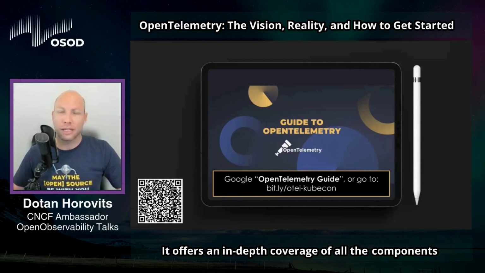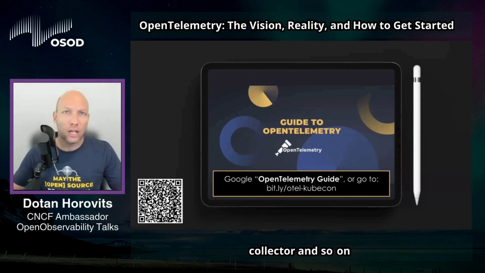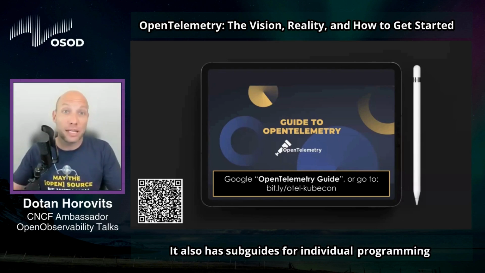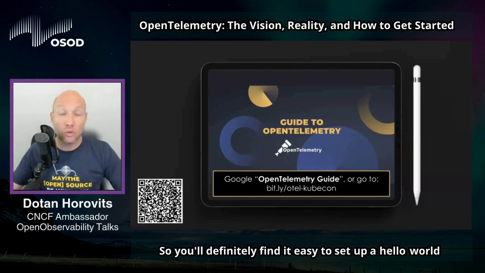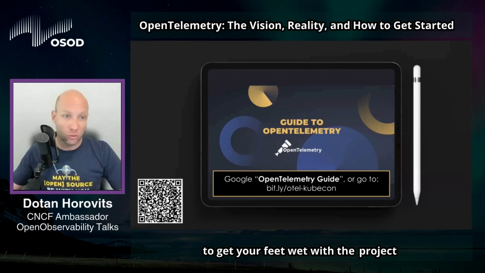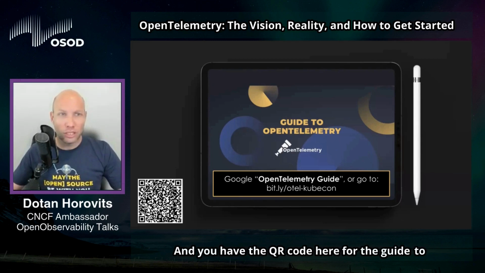It offers in-depth coverage of all the components we talked about today, like the SDKs, the APIs, the collector, and so on. It also has sub-guides for individual programming languages like a Java subguide, .NET, Node.js, Python, Ruby, and so on. So you'll definitely find it easy to set up a hello world to get your feet wet with the project. So this is OpenTelemetry in a nutshell, and you have the QR code here for the guide to OpenTelemetry to check it out.